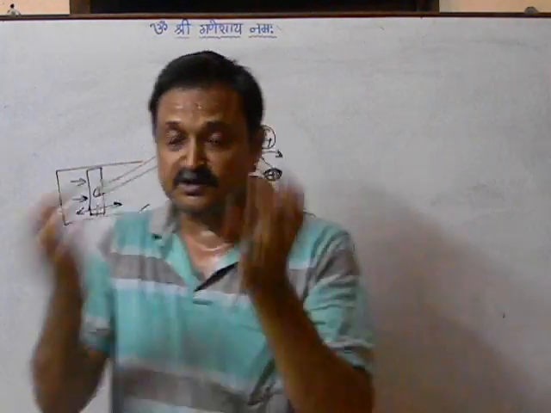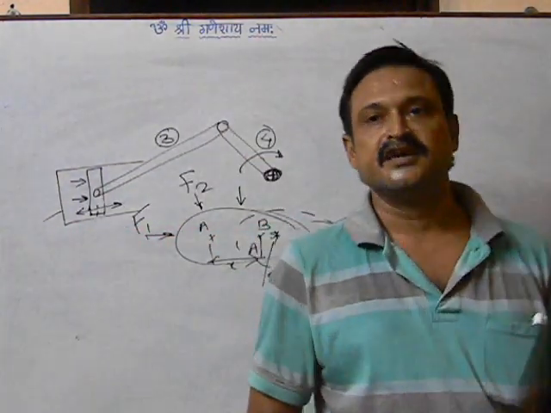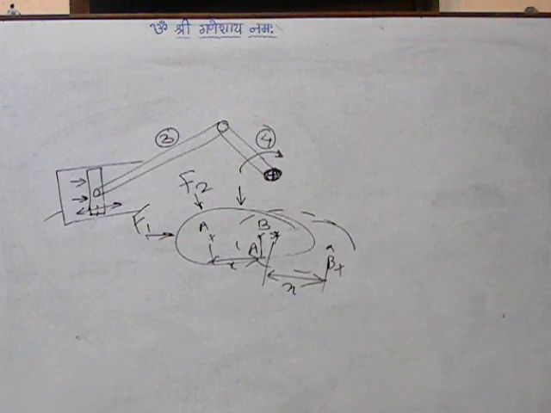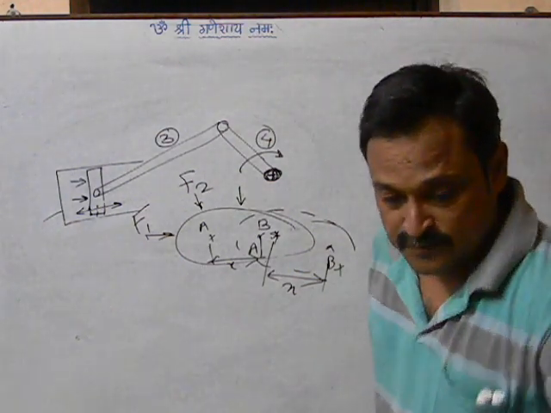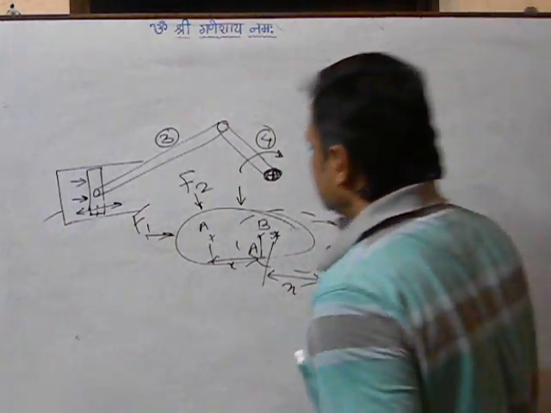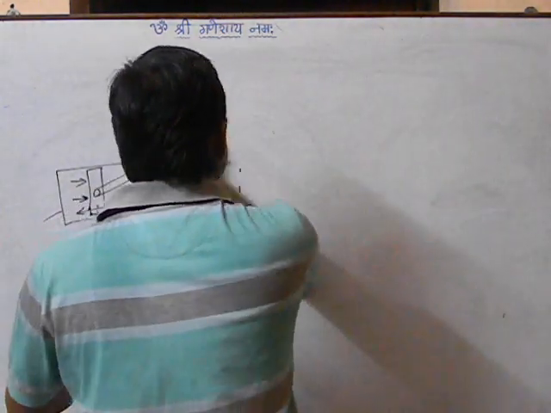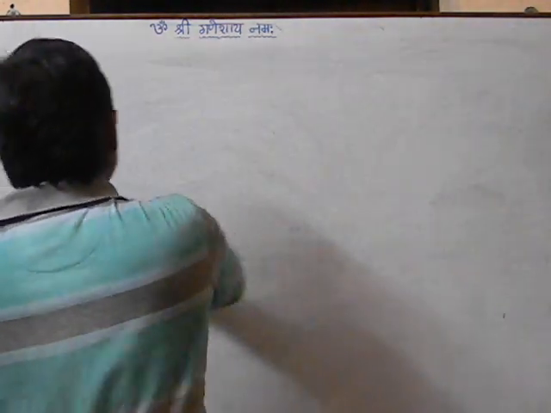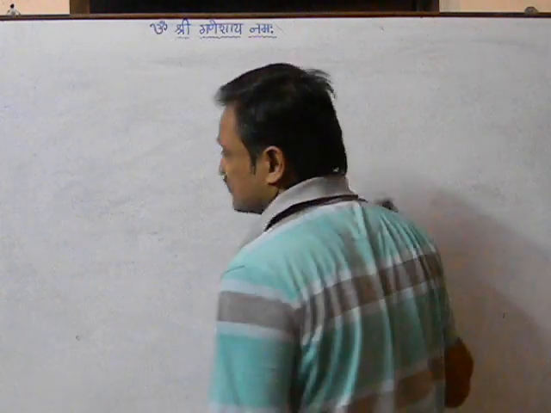If this is not going to change, I'll call this body a rigid body. Right, so this is one assumption in the study of mechanisms, we are considering all these bodies to be rigid bodies.